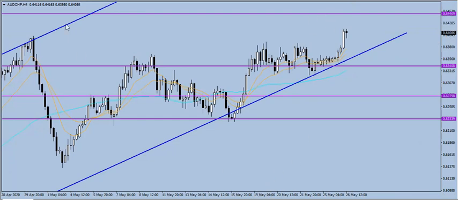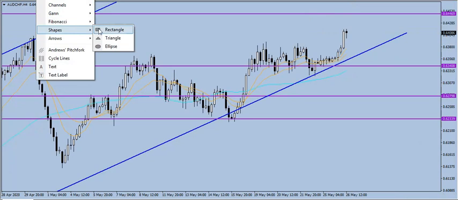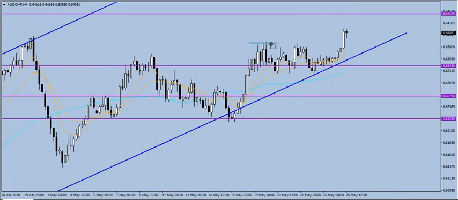So right now I'll be expecting price to pull back somewhere around here, because this is the previous resistance, which is supposed to act as support right now.